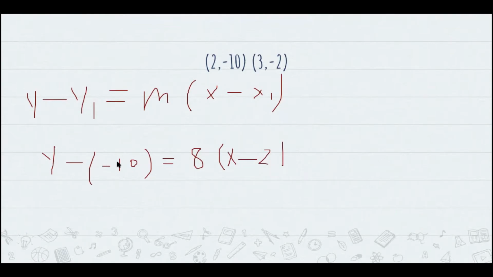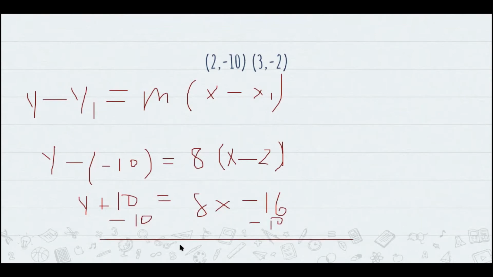So you would just put it as it is, so y plus 10 equals 8x minus 16. You would move the 10 over by subtracting 10. You would get y equals 8x minus 26.